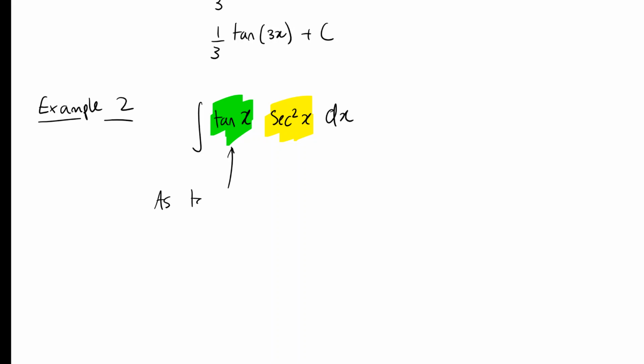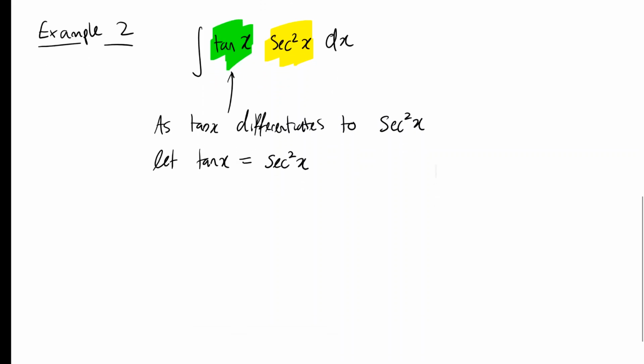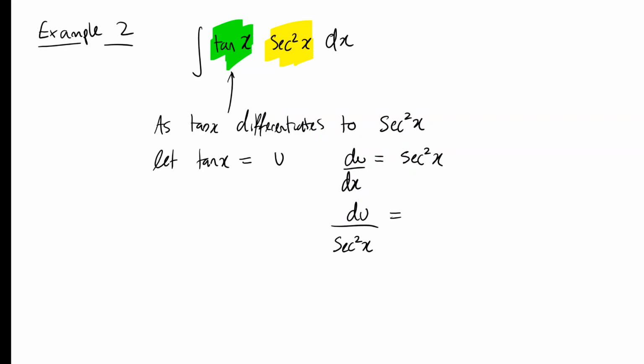So as tan x differentiates to sec squared x, let tan x equal u. So du dx equals sec squared x. Therefore du over sec squared x equals dx.